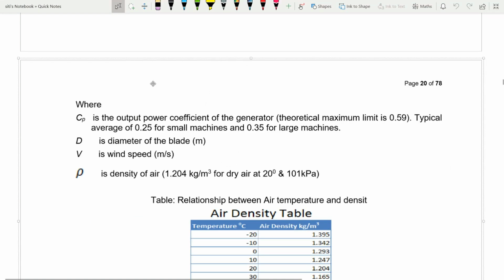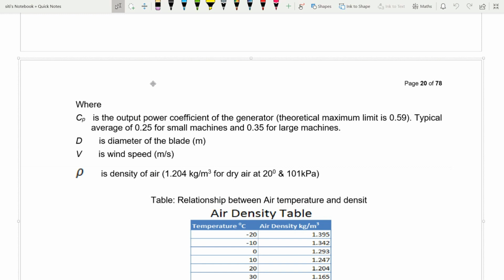Where Cp is the output power coefficient of the generator, the theoretical maximum limit is 0.59, with a typical average of 0.25 for small machines and 0.35 for large machines. D is the diameter of the blade, unit meter.